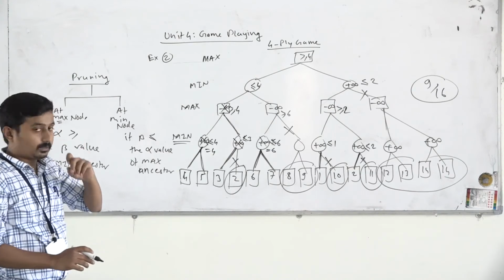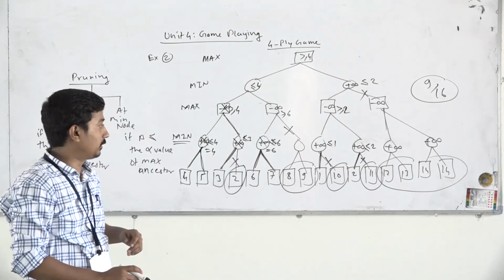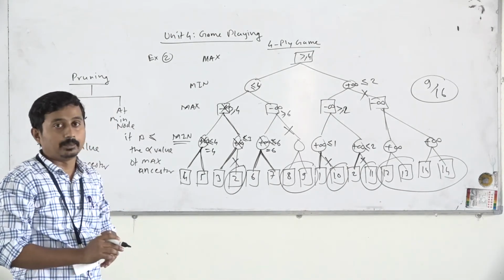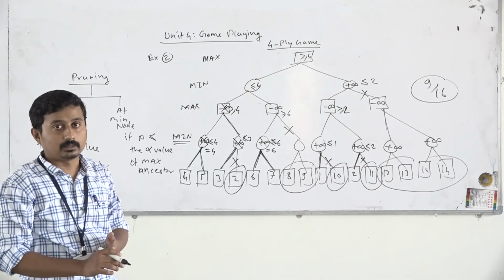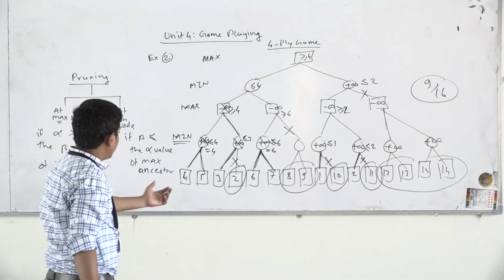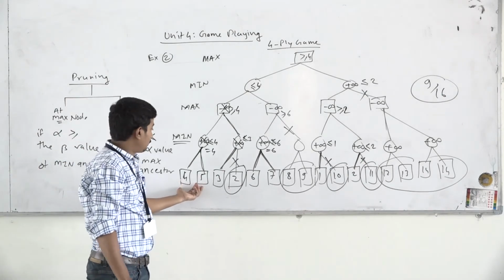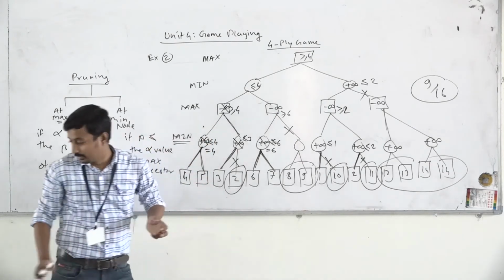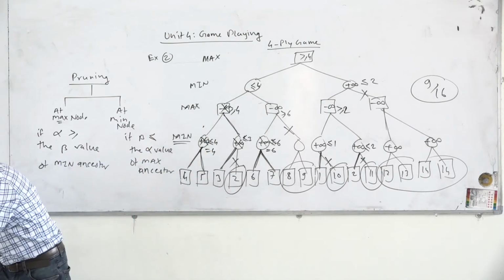Let us cross check our answer with the Minimax algorithm, because we should get the same result. Let us apply the Minimax algorithm very quickly. We have to take the minimum of this, so that is 4. I will represent it with a red pen.